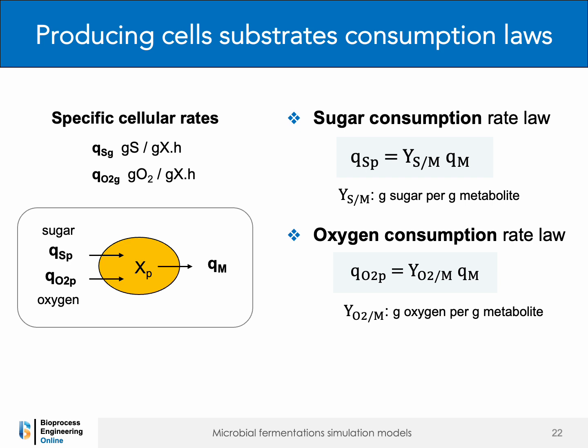Similarly, the specific oxygen consumption rate of producing cells, QO2P, is also considered proportional to the specific metabolite production rate. QO2P equals YO2 over M times QM, where YO2 over M is the stoichiometric coefficient, in grams of oxygen consumed per gram of metabolite produced.